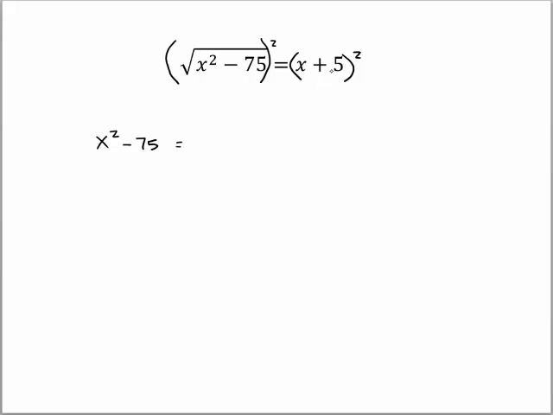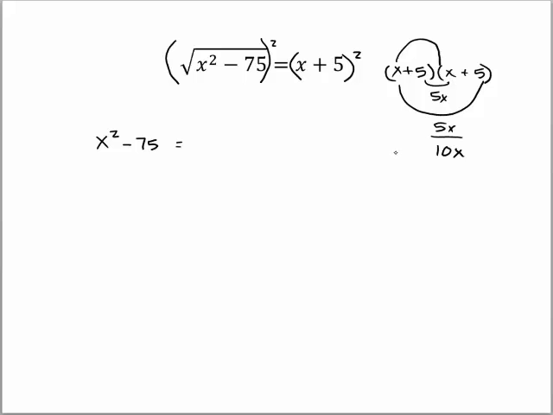Now, in previous videos, I showed you how to quickly do what you may be used to as FOIL. I use what I call the smiley method. Here's the first smile, that's 5x. The second smile is 5x. I add that down and I get 10x. That is my middle term of my trinomial.